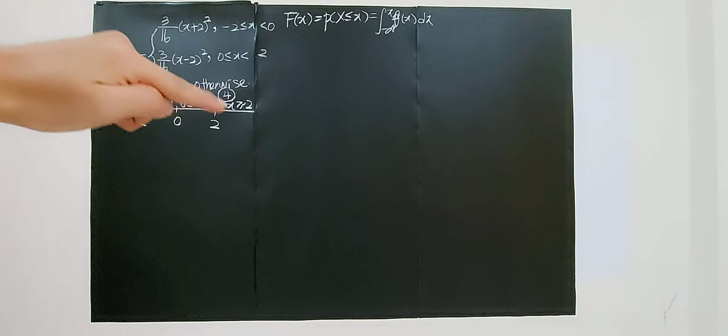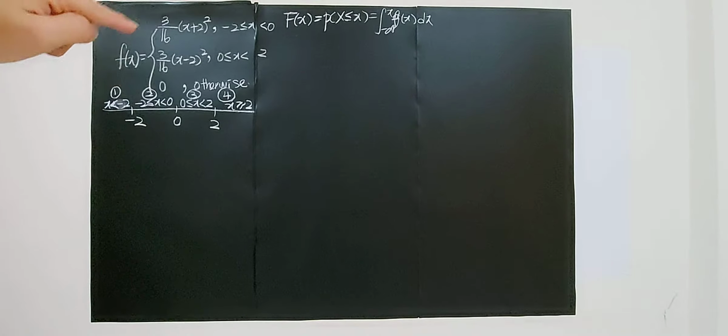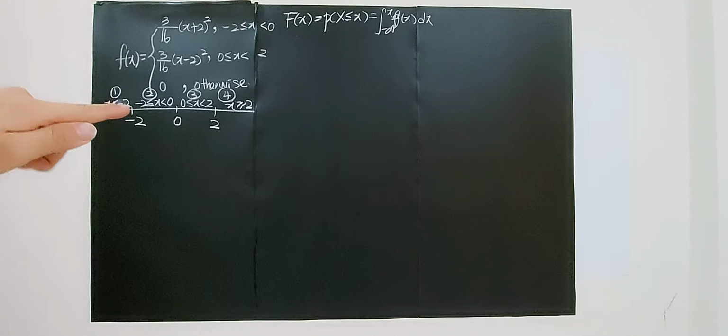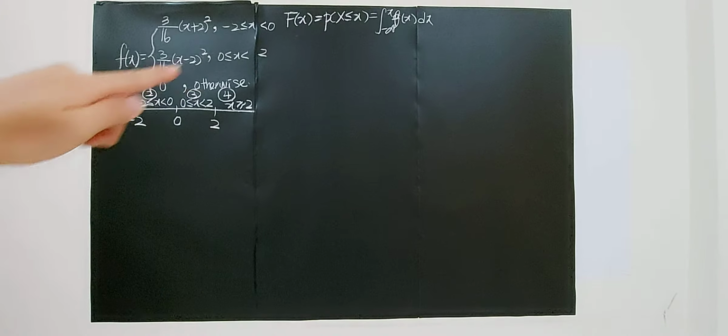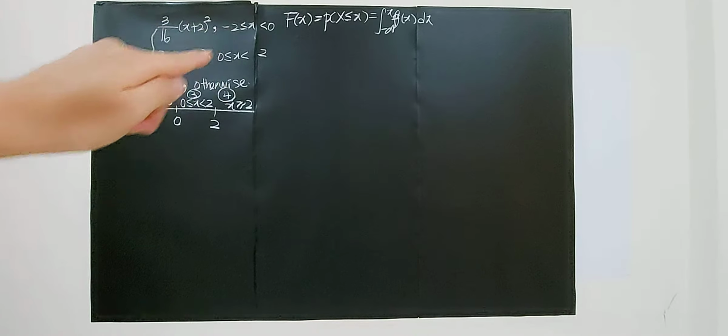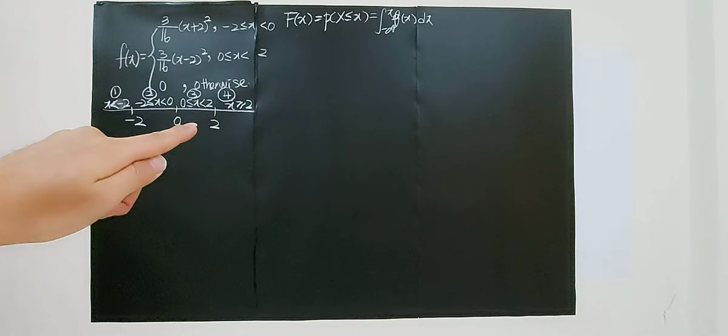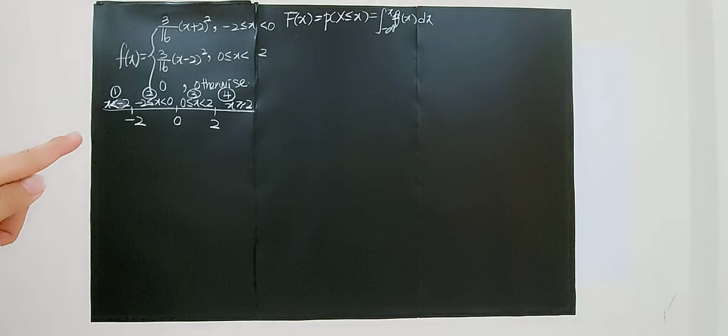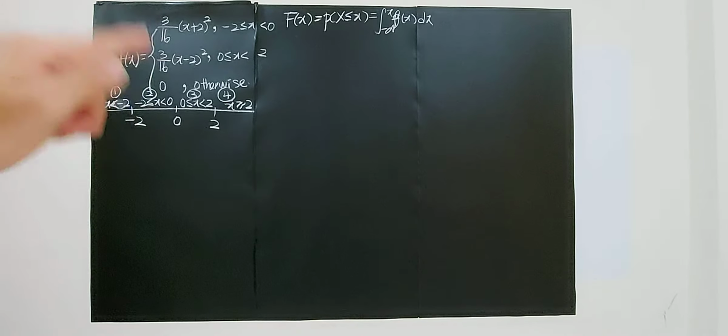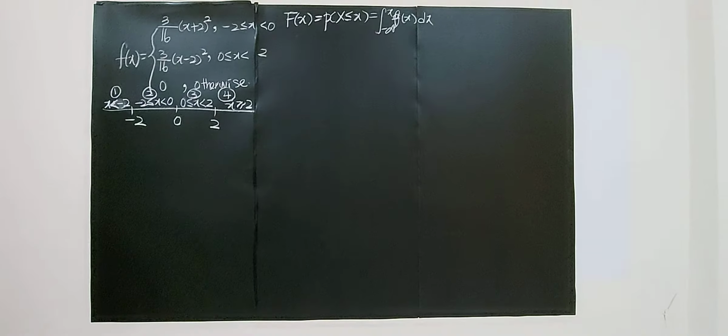For each interval, you have its own probability density function. Definitely for the first one, x less than -2, there is only -2 and 0. Only this interval has a function, and this interval has a function. Otherwise, for the first and the last one, your probability density function is 0.